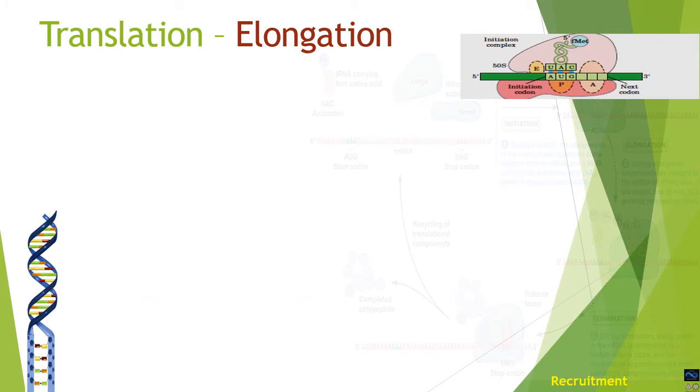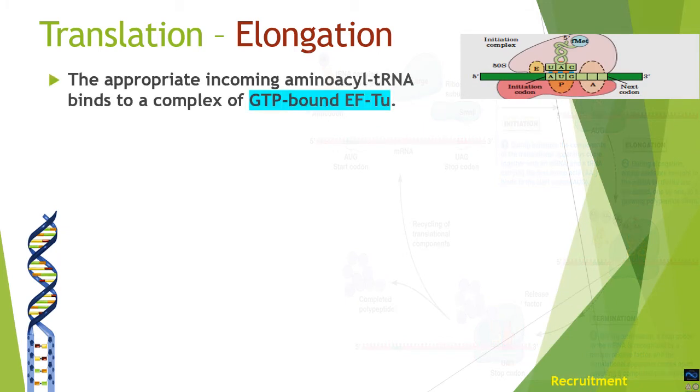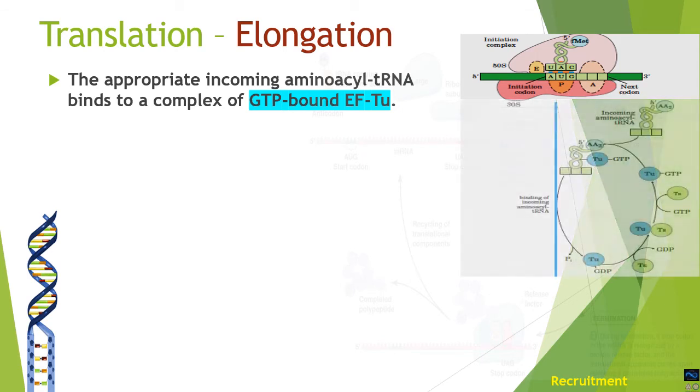The first step of the elongation phase is the recruitment process. The recruitment process helps the binding of the second tRNA to the amino acyl site. As you can see in the accompanying picture, the incoming tRNA is there with the appropriate amino acid charged to it. It will bind with the help of the elongation factor Tu, which is bound to GTP.